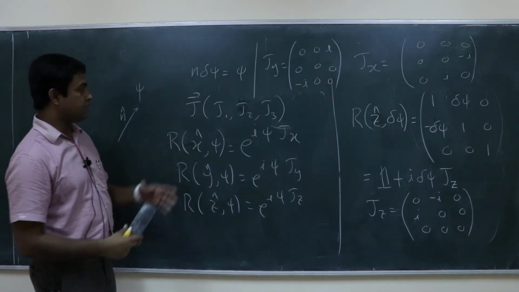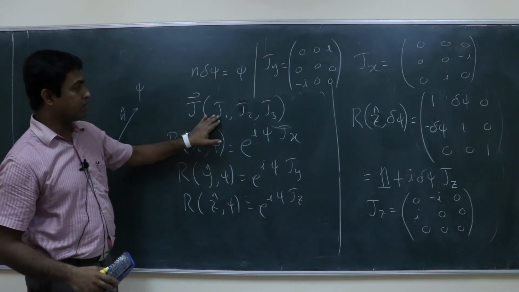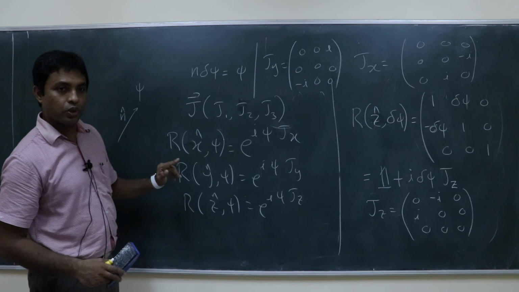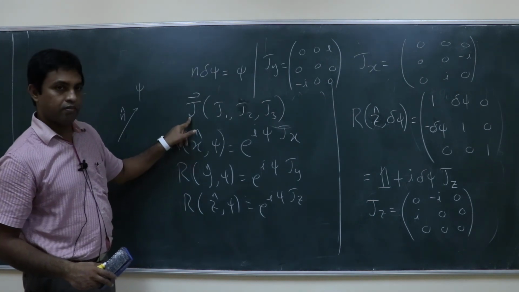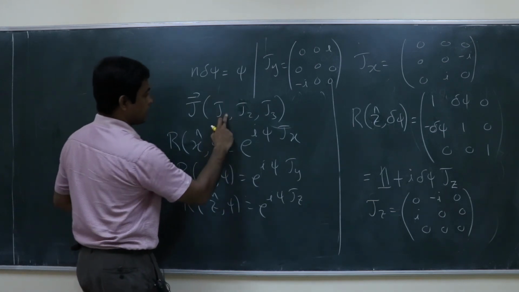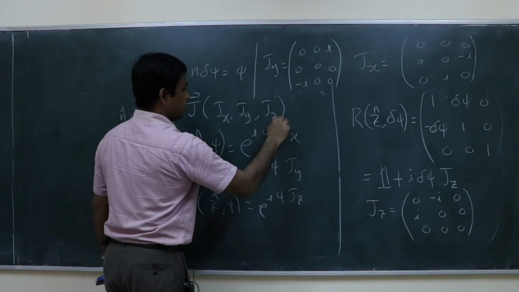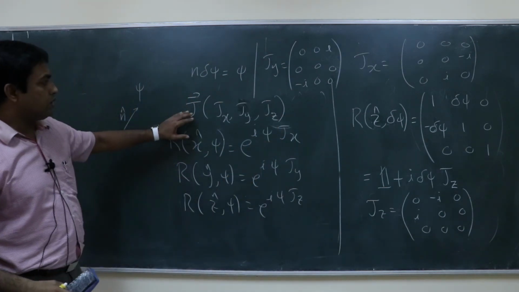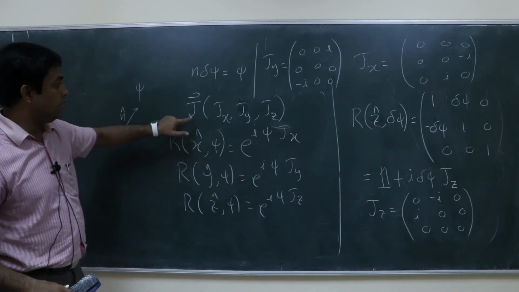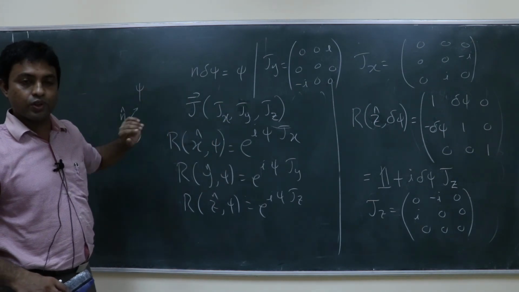So why is this a vector? Because we are calling it a vector j, where the components are basically matrices. I use the notation x, y, z, let me use that. The components of this vector are jx, jy, jz, they are matrices, still the vector j transforms like a vector under rotation.